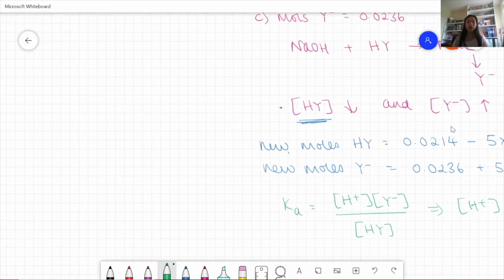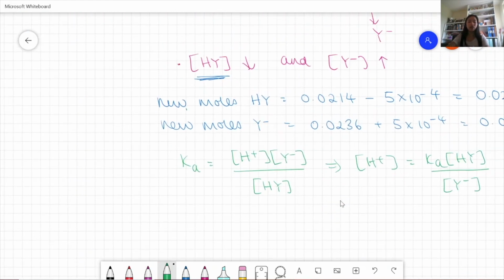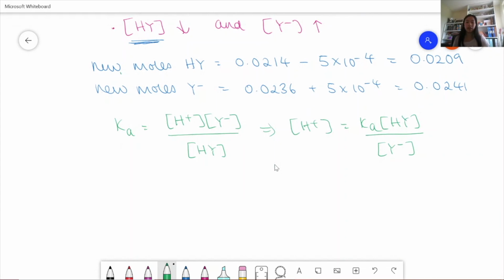And so we have that the concentration of H plus is equal to the Ka, which was equal to 1.35 times 10 to the minus 5, multiplied by the new moles of the HY here.